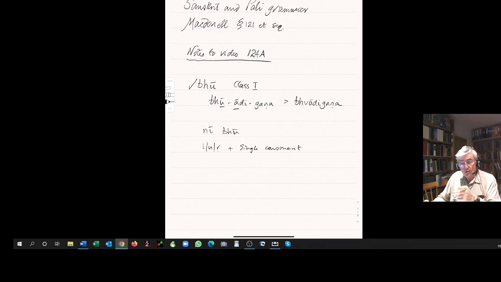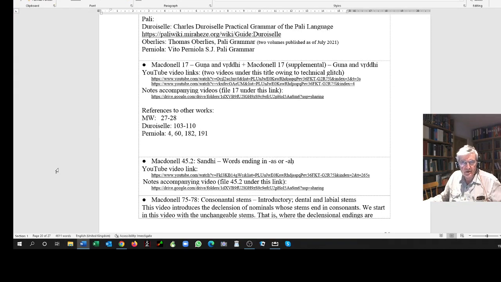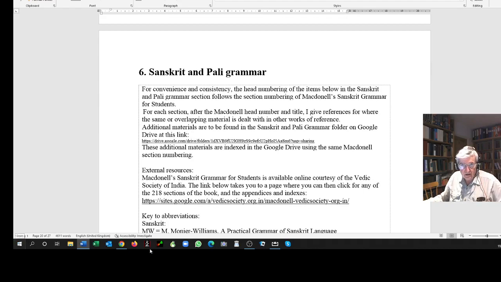by the way, you should all hopefully have looked at this separate video I've done on guna and vriddhi. I'll just give you the reference now in case you haven't, because you will need to look at this. This is page 20 of the current study resources guide. The page numbers will change, but there we are. It's in the section dealing with Sanskrit and Pali grammar.